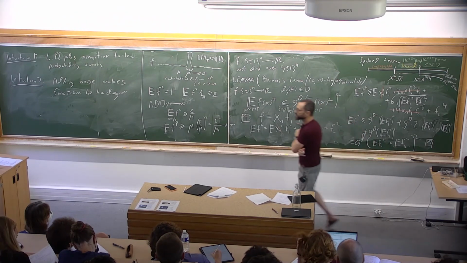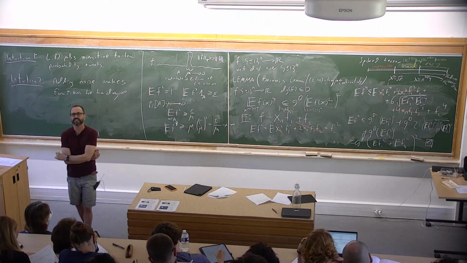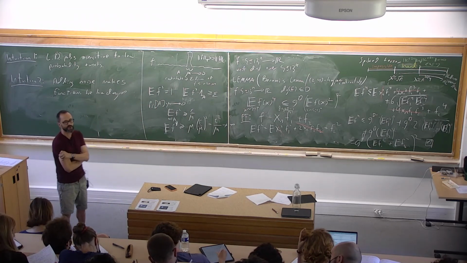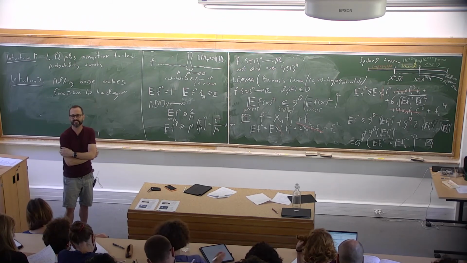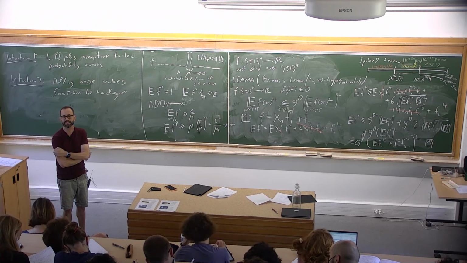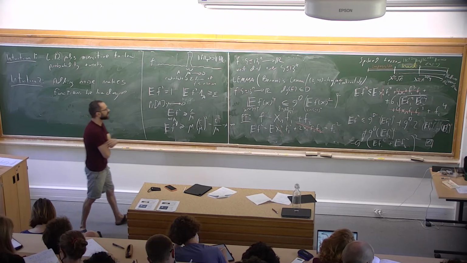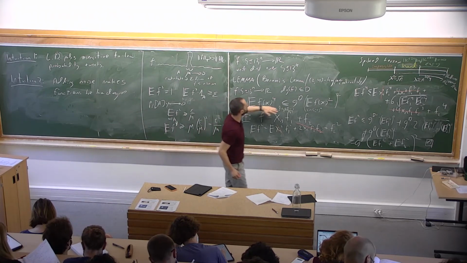So the base case, you have to prove that if you have a one variable function, then this is true for all d, and then based on that you prove this. So the inductive hypothesis is that this bound is true for all d.